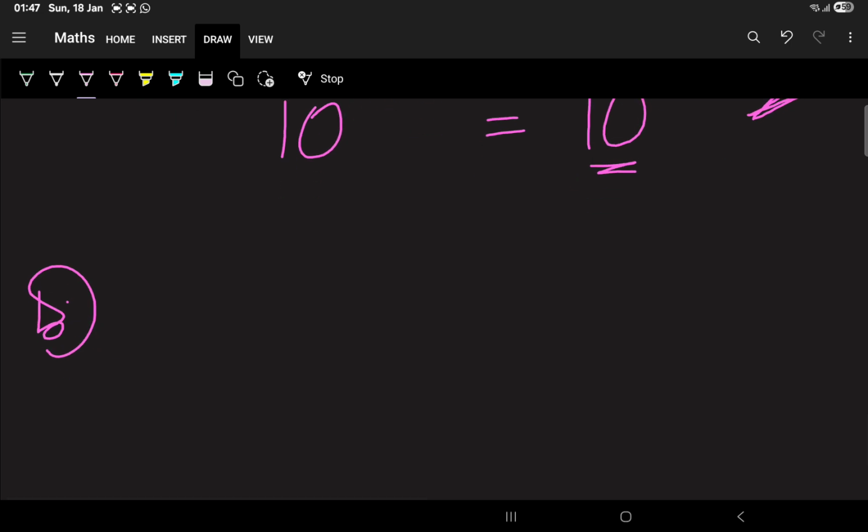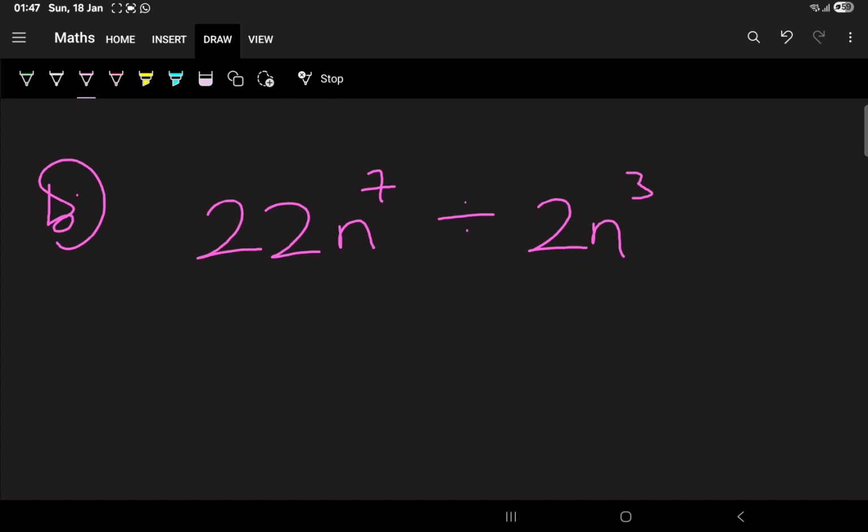For B, we have 22n raised to the power of 7 divided by 2n raised to the power of 3. Now I'll focus, this and this are our bases.